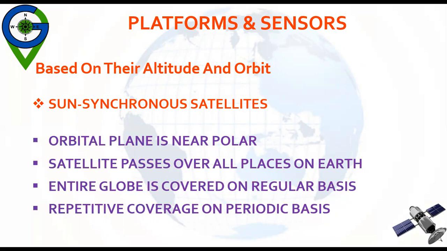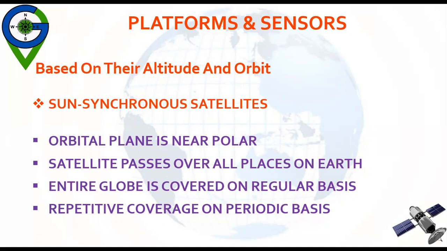One is the sun synchronous satellite and the other is the geosynchronous satellite. So orbits may be of different kinds. Remote sensing satellites are placed on a special type of orbit that should maintain some characteristics.